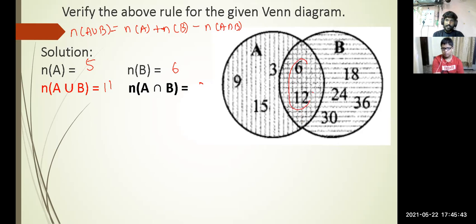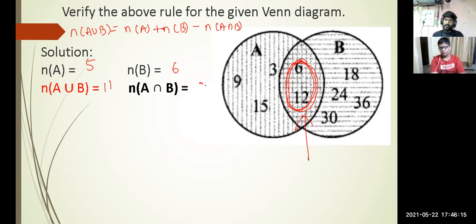Intersection, how many elements are there? This is the intersection. How many elements are there? In the intersection, we count the common numbers only once, right?